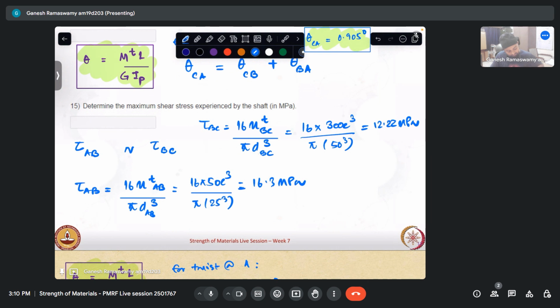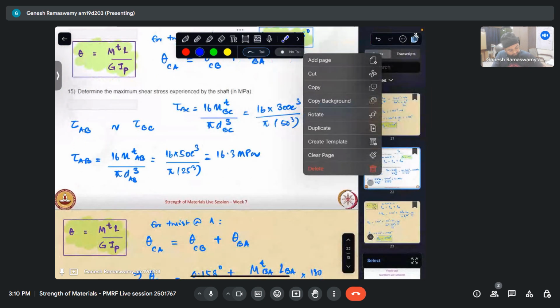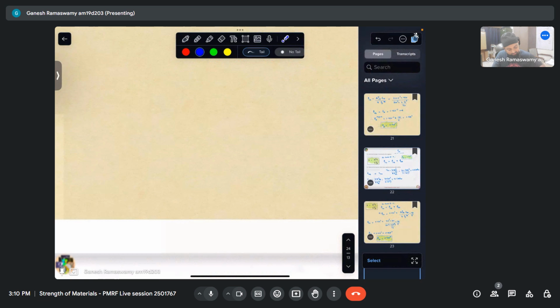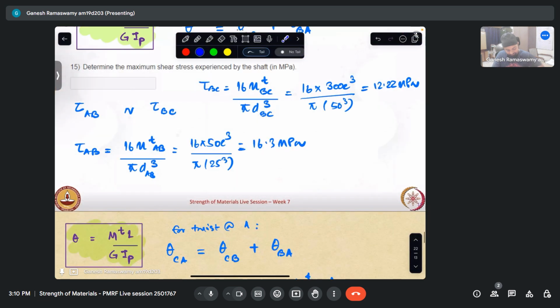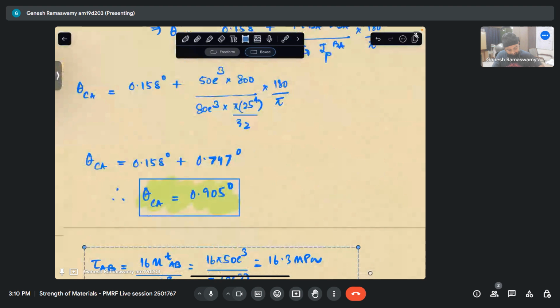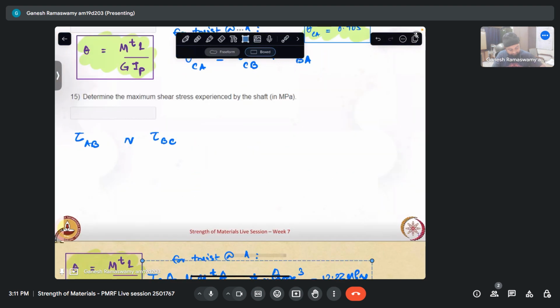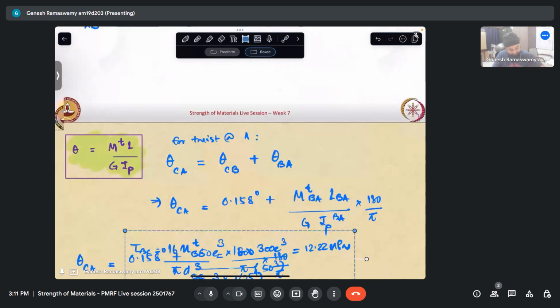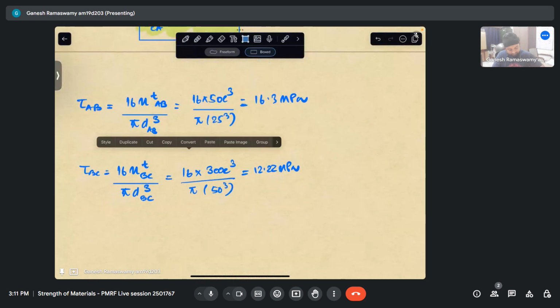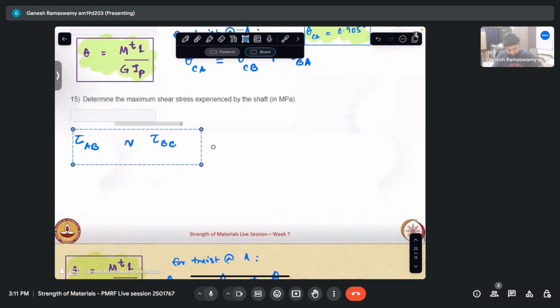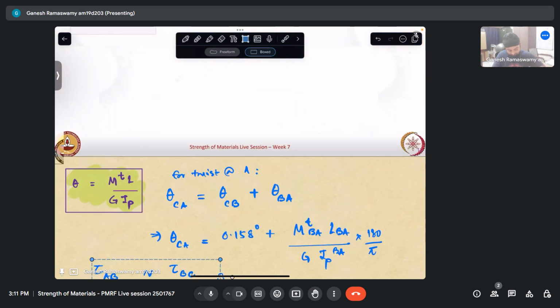It is clear that this slender portion is experiencing a higher stress. In fact, let me move these around. Let me not make it cluttered like this. So this is there. Take this over there. So the question asks it is this or that.